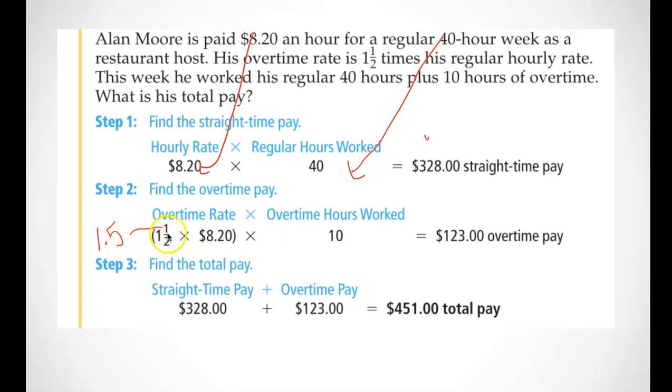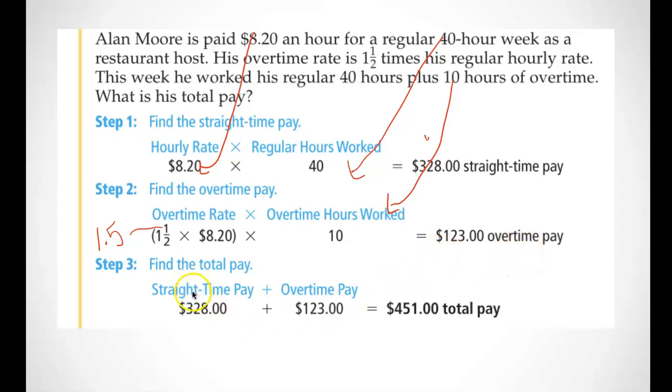In the calculator, you can use your ABC key to put the fraction, or you just use 1.5. So taking 1.5 times 8.20 times his amount of overtime, for overtime he got paid $123.